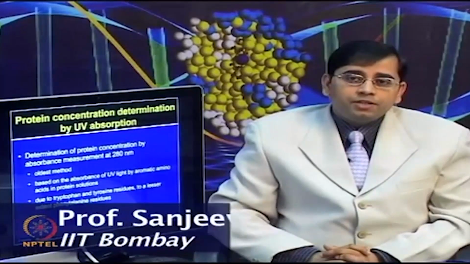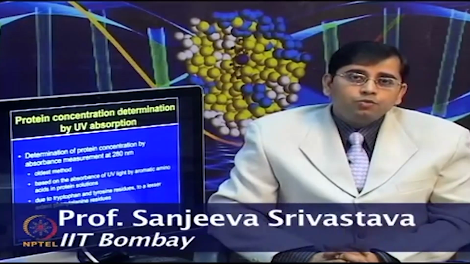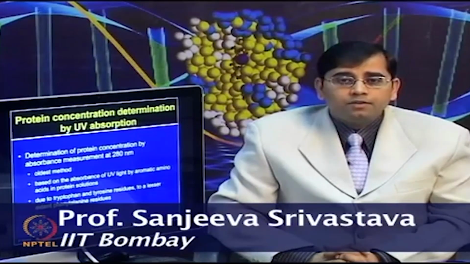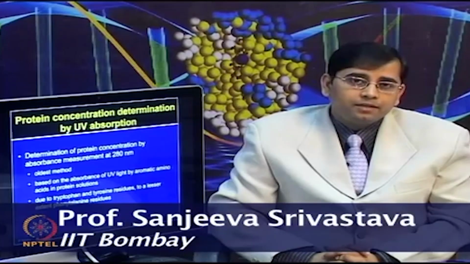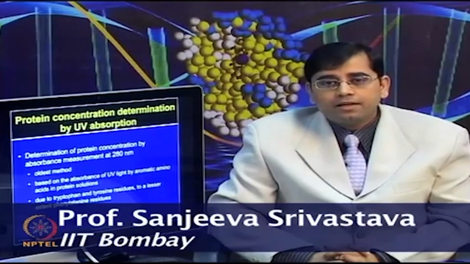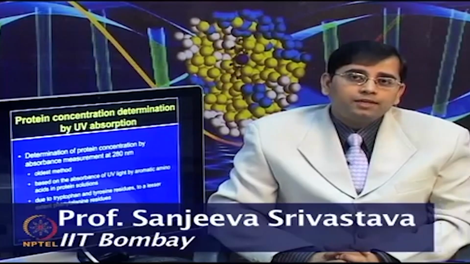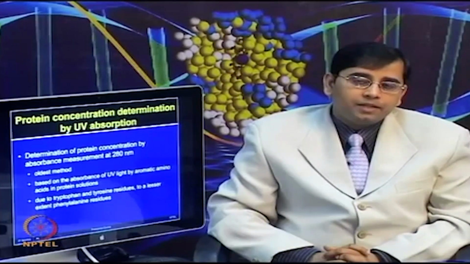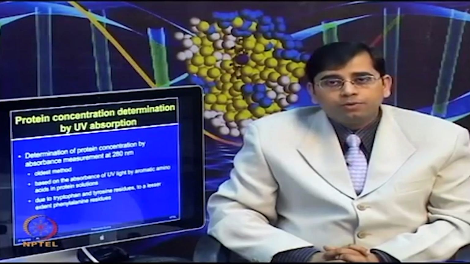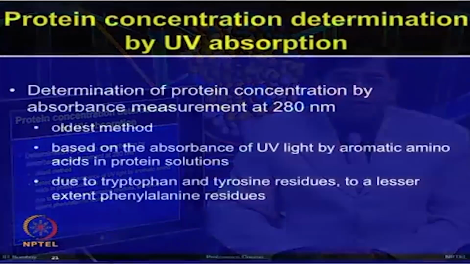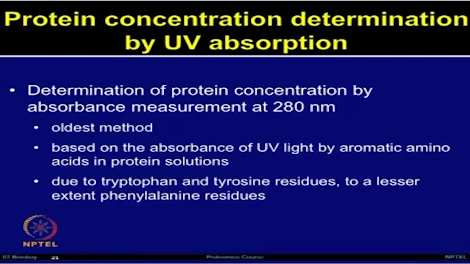So, protein concentration determination by the UV absorption is one of the very commonly used methods, in fact the oldest method used to determine the protein concentration by the absorbance at 280 nanometers. This method is based on the absorbance of ultraviolet light by aromatic amino acids such as tryptophan and tyrosine residues, which are present in the protein solutions.